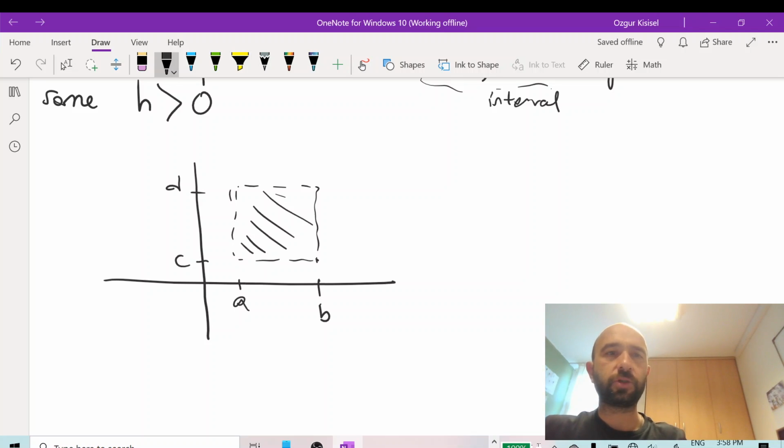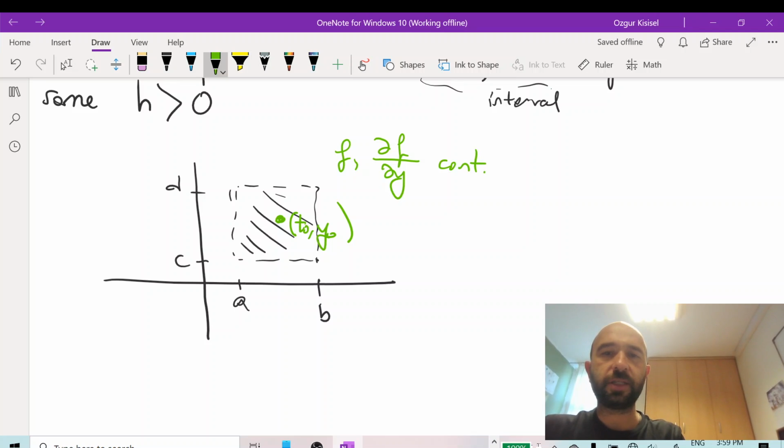And the assumption is your point with coordinates t0, y0 lives somewhere here. You assume that f and del f del y are continuous on the rectangle, on all of this rectangle, not just the point.